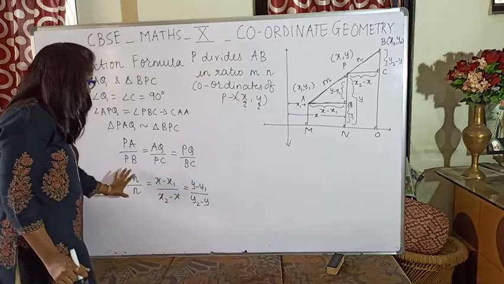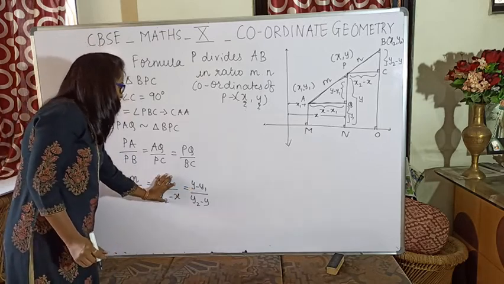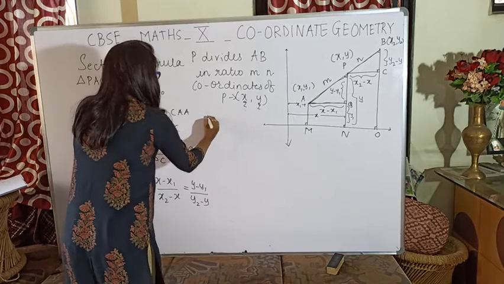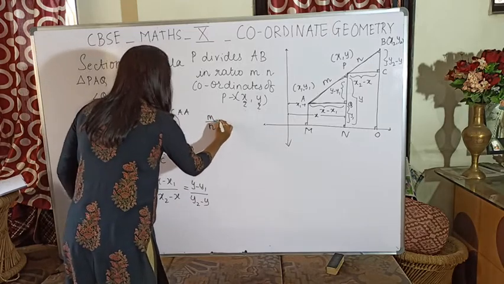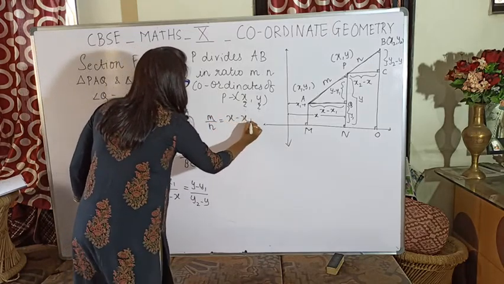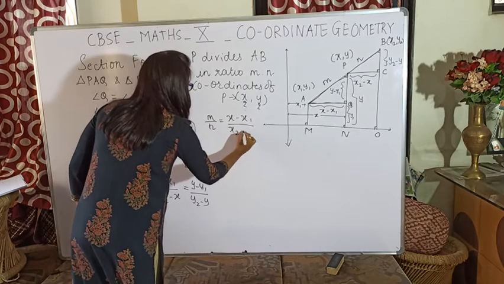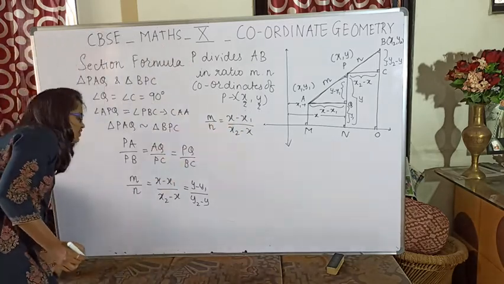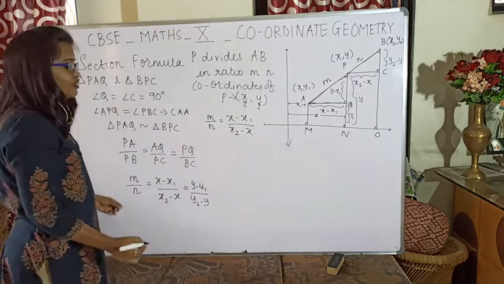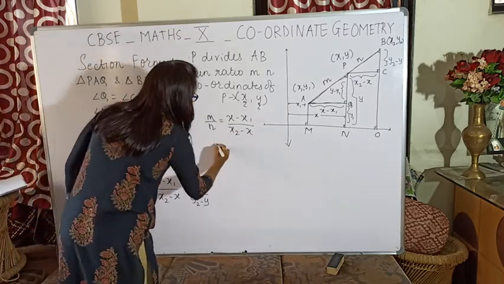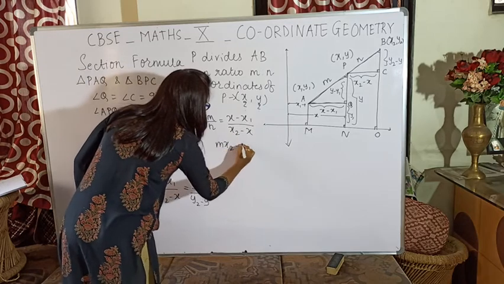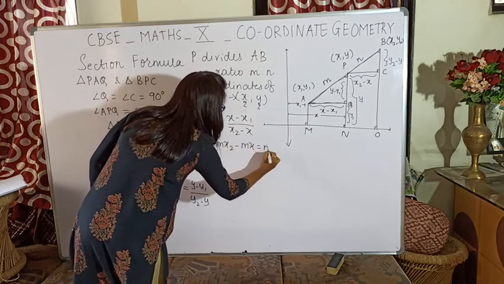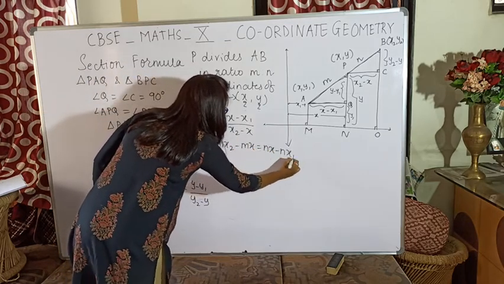So let us consider the first two equations and find the value of x. m by n is equal to x minus x1 upon x2 minus x. On solving this, we can find the value of x, or we can get a formula. Let us simplify. m into x2 minus mx equal to nx minus nx1.